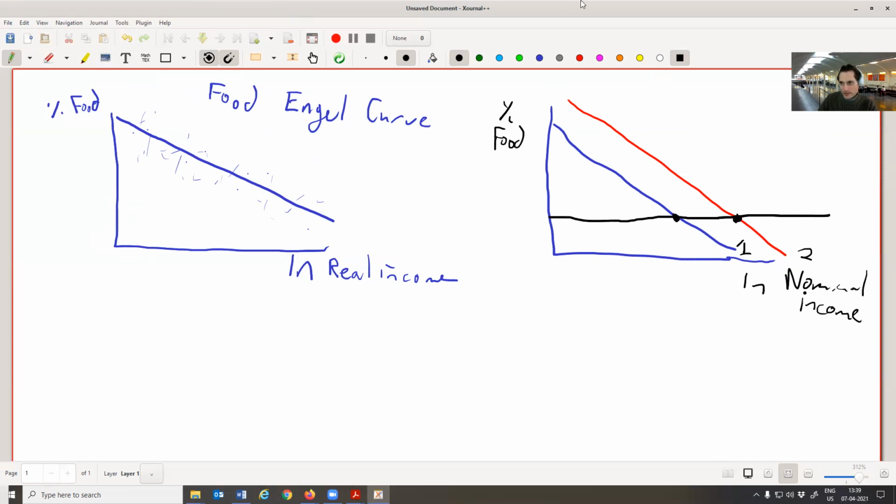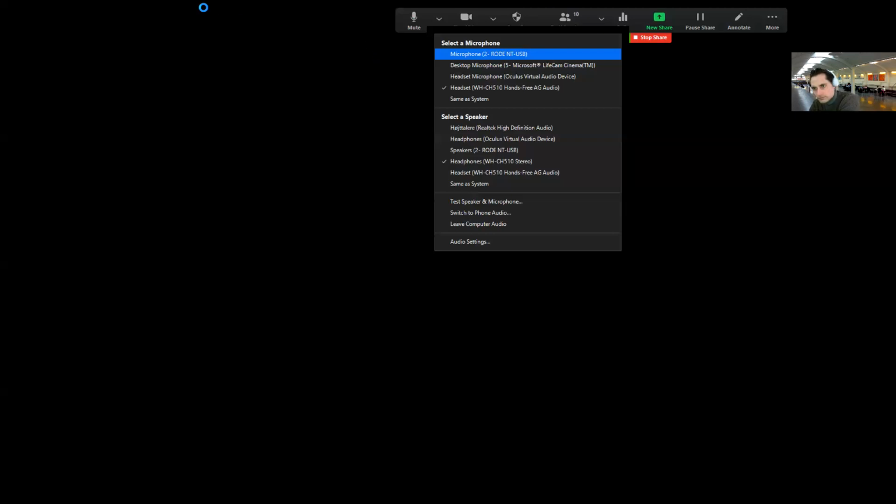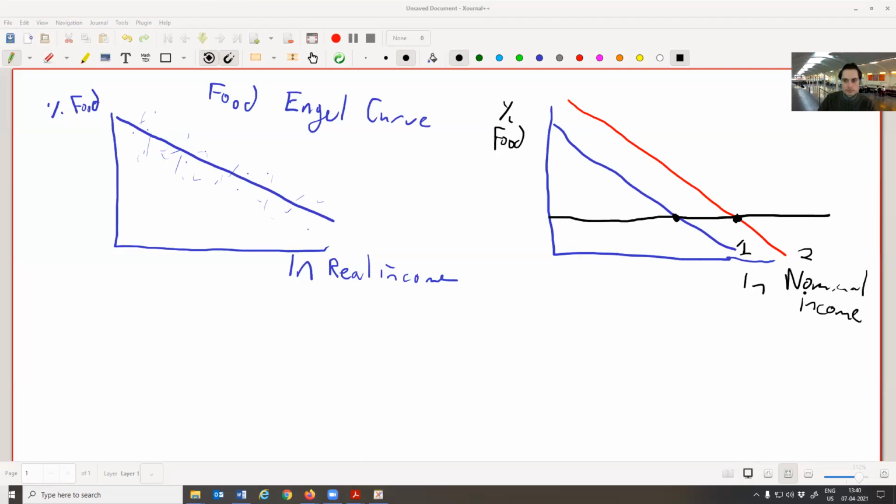Shoot. Hold on a second. I don't know why I have so much trouble. I always use Windows because I usually use Linux, and then I think this has something to do with the headset you have. Okay, can you hear me? I can hear you now, but I didn't hear whatever you just said. I asked, can you hear me? Okay, now I can hear you. I apologize. Was there a comment that someone wanted to make at some point?